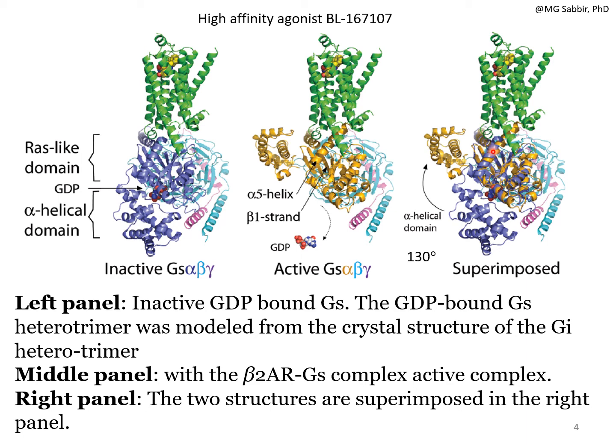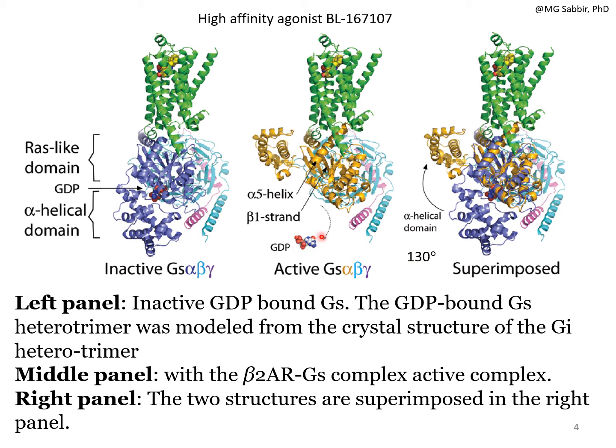So this displacement of alpha helix as well as more subtle changes transmitted from the receptor to the GDP binding pocket through the beta 1 strand of the RAS domain, collectively are responsible for the dissociation of GDP.